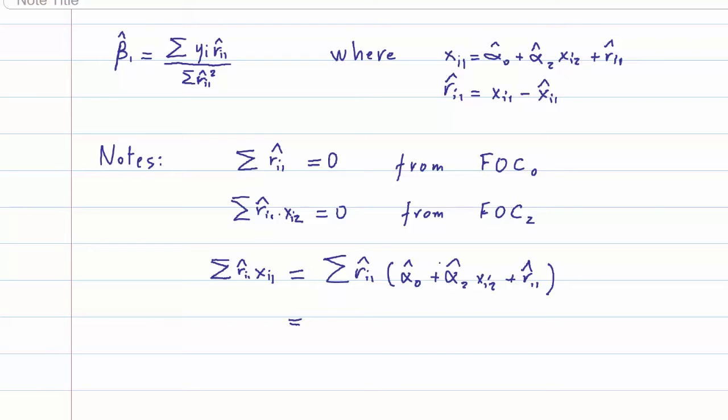I distribute the ri1 hat, and I get the sum of ri1 hat alpha 0 hat plus ri1 hat alpha 2 hat xi2 plus ri1 hat square, all in the sum.